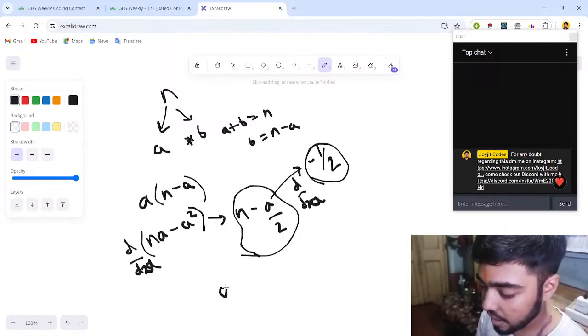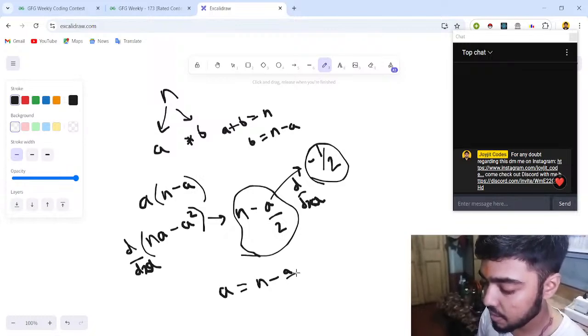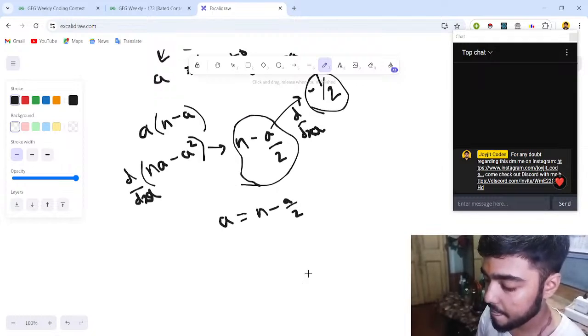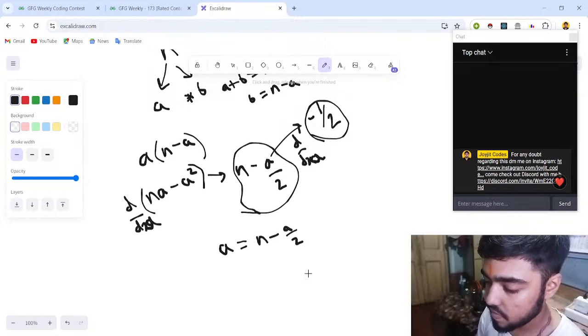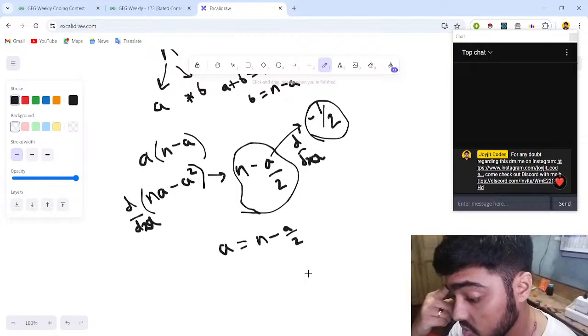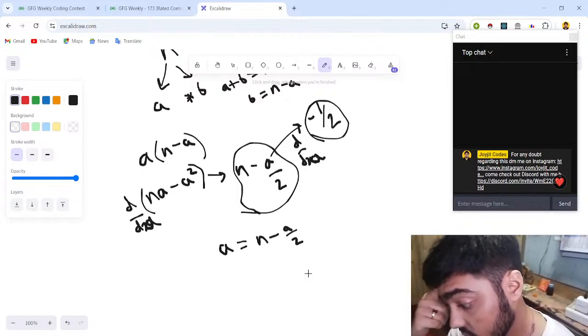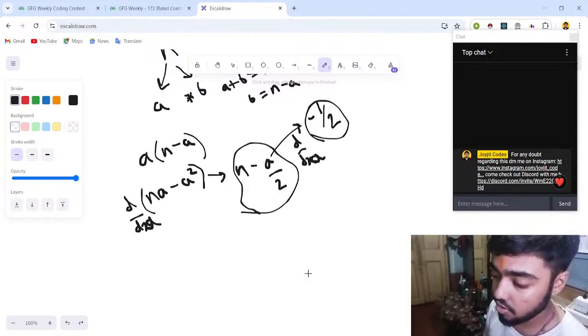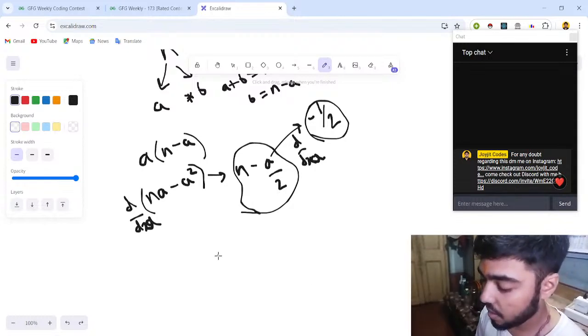So the value of A will be N minus A by 2. Sorry, this is not about the value of A. I made a mistake.